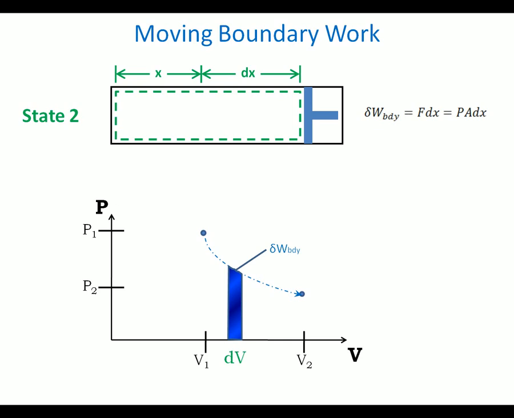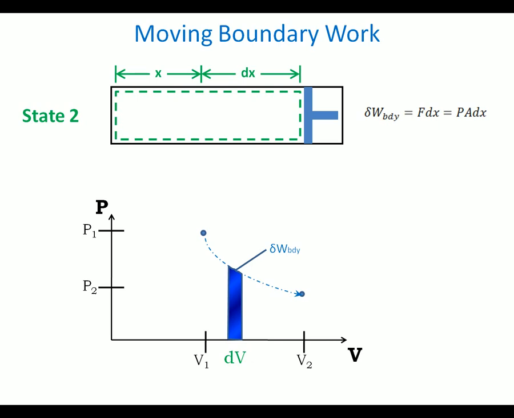So we've created some work now, right? We have del of this moving boundary work. That's what we call it whenever we move a boundary. All work is basically equal to a force over a distance. The distance traveled is dx.